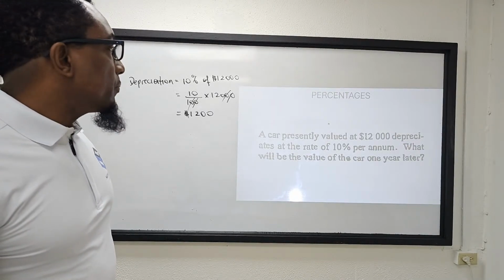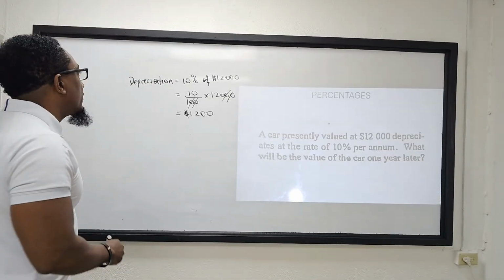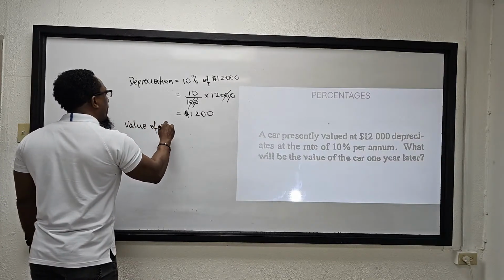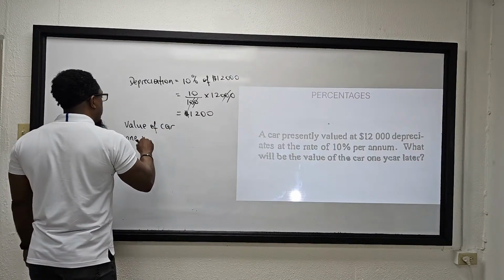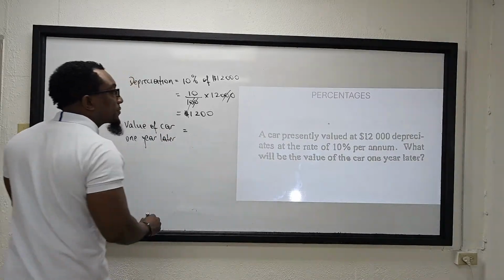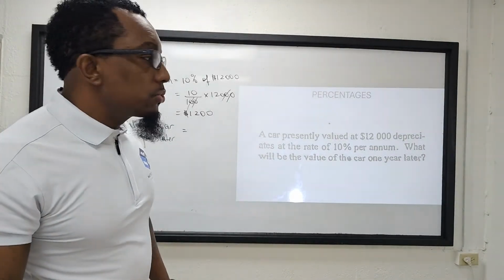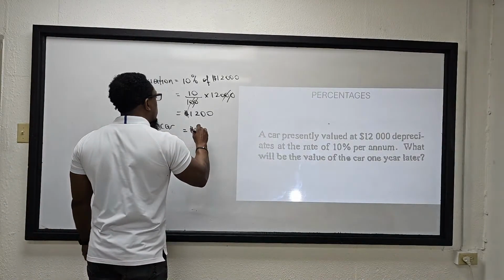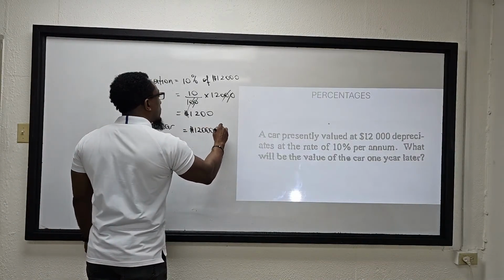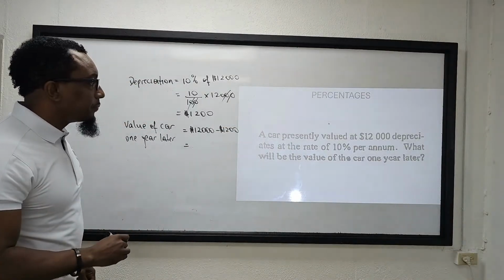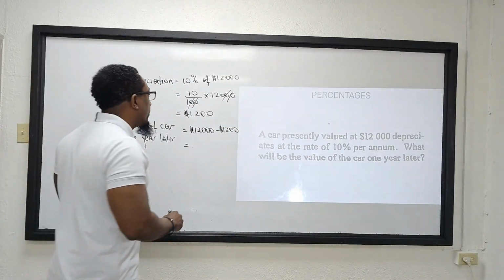So therefore, what will be the value of the car? The value of the car 1 year later will be to subtract $1,200 from $12,000. And when we subtract those two, what are we going to get?